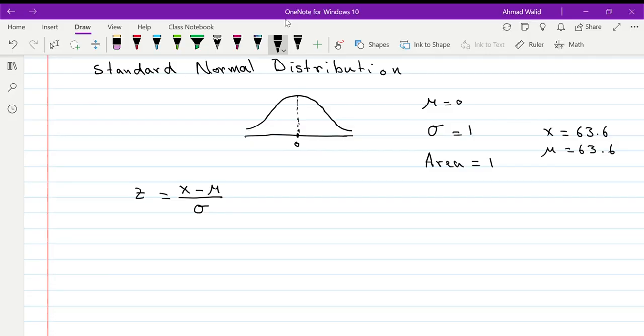If I plug this into this formula, you see 63.6 minus 63.6 over whatever the standard deviation was, which was 2.5, I think, it gives you 0 because 63.6 minus 63.6 gives you 0 over this number, so you end up with 0. That's why the mean for the standard normal distribution is always 0. Correct?